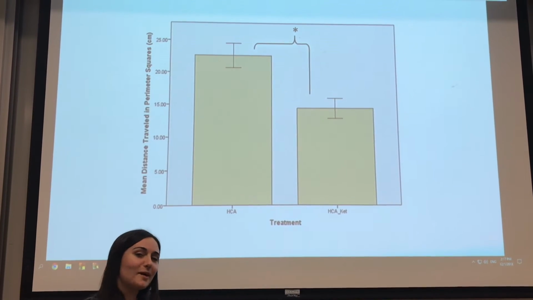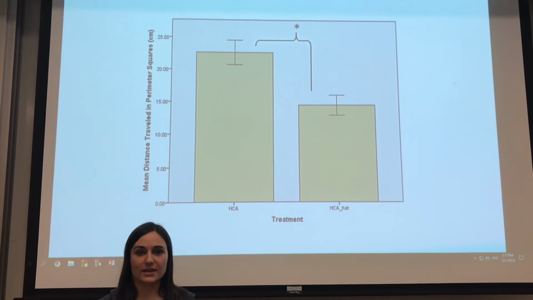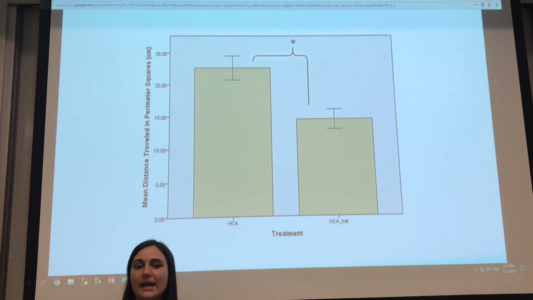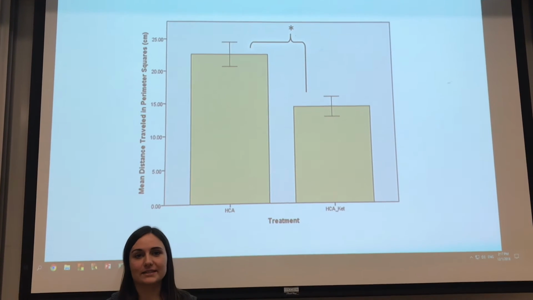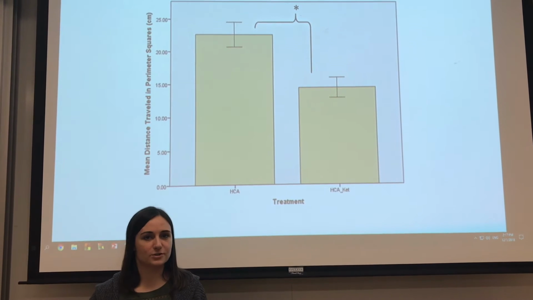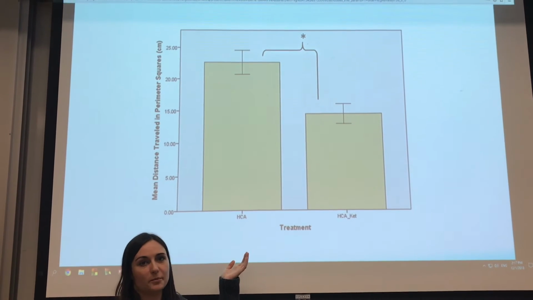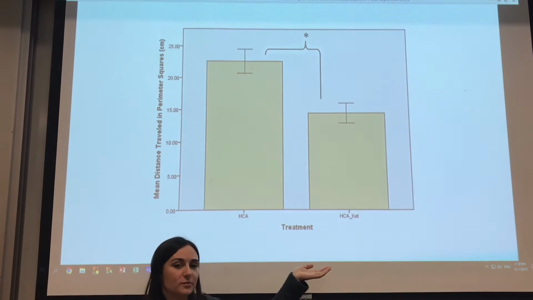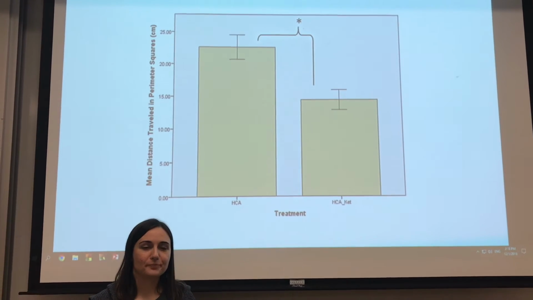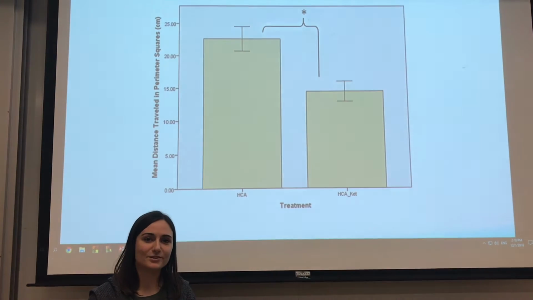This agrees with our hypothesis because we expected those treated with HCA to reflect the bipolar phenotype, and with those anxious tendencies, we expected them to spend more time near the perimeter and not venture out into the middle. Those pre-treated with ketamine had less anxious tendencies, so they were willing to venture out.